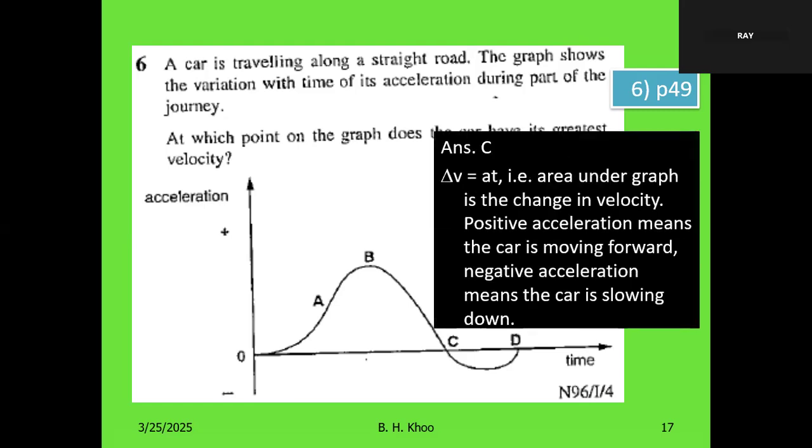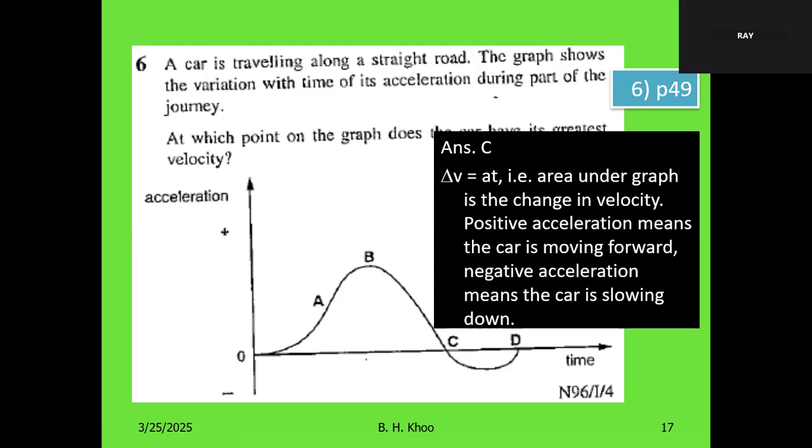Area under the graph is the change in velocity. Can you explain? Because A, B, and C are all accelerating, except the magnitude is smaller, that's all. After C is decelerating, negative acceleration means decelerating. Velocity starts to decrease.